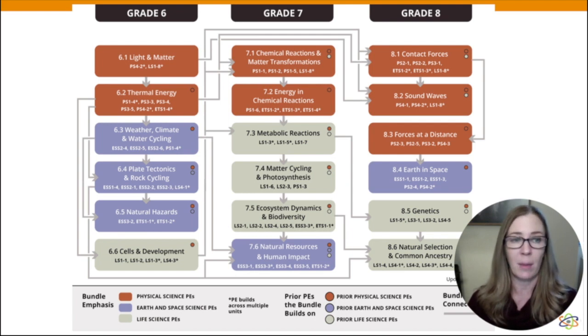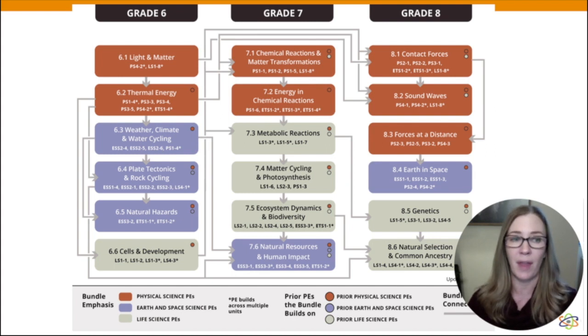So if we start with light and matter in sixth grade, you can see there's actually a life science and a physical science performance expectation hit in this unit. So even the unit is integrated. And we build students' ability to participate in discussions and engage in modeling. And so we really build their ability to engage in the science and engineering practices.